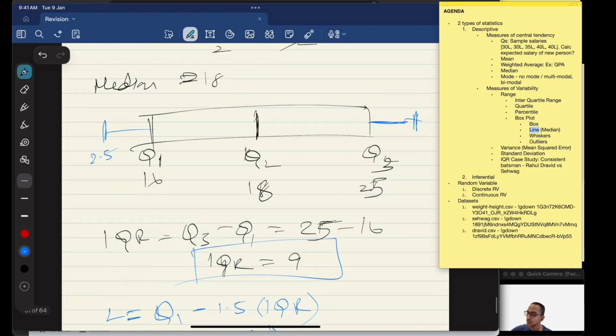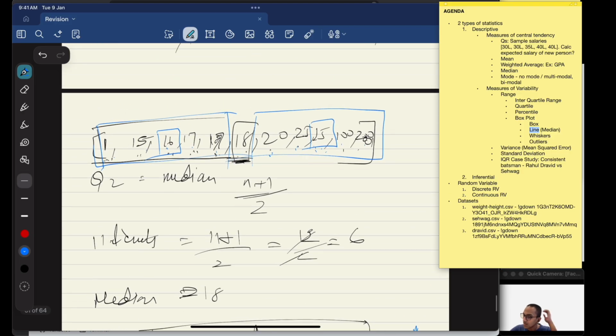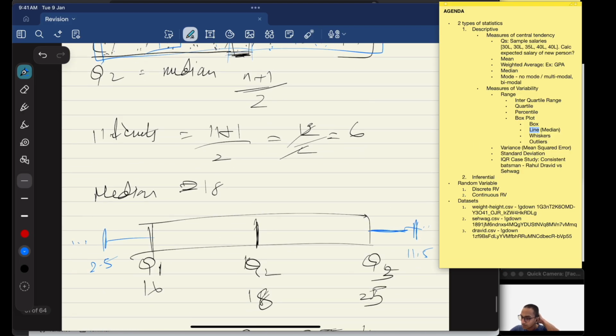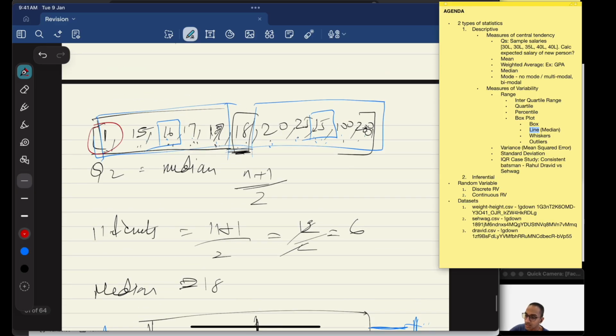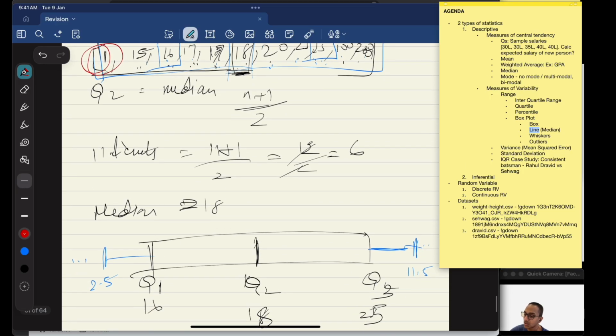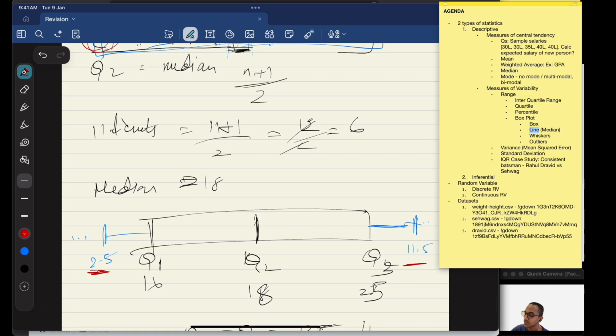So we know the upper limit is 11.5. So anything beyond these values is an outlier. From this one, what are the outliers here? 1 is an outlier, right? Since it's below 2.5, and our max is 11.5.